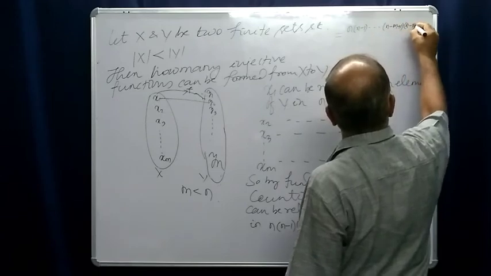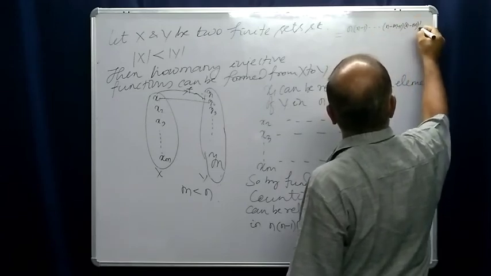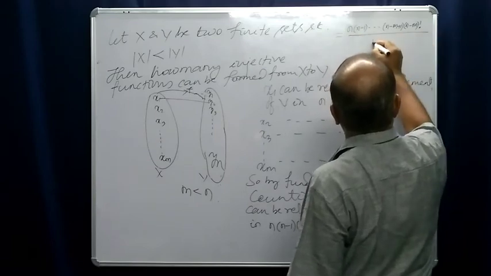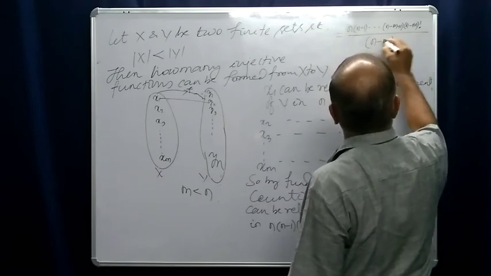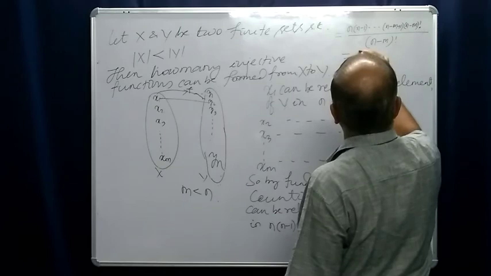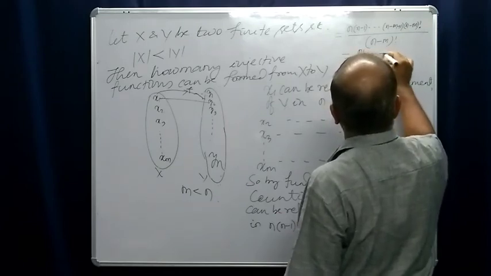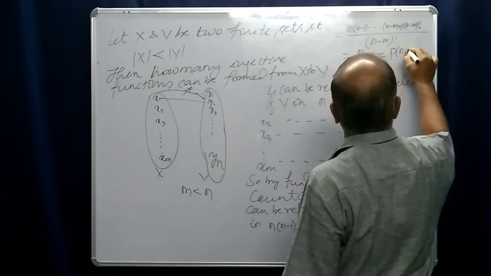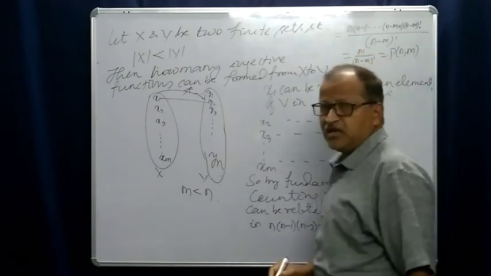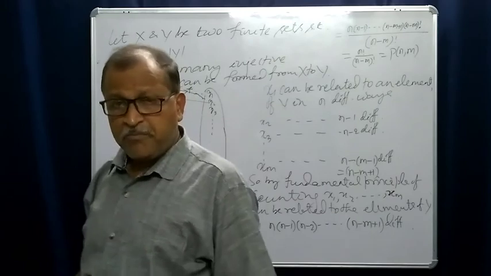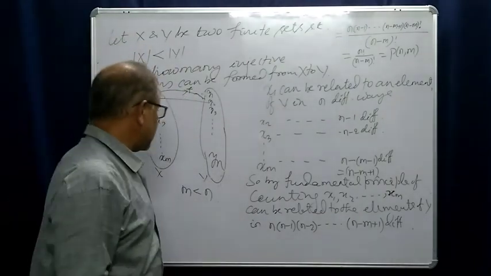Next, I will multiply and divide by n minus m factorial, denominator n minus m factorial. This is n factorial by n minus m factorial, which is equal to P(n, m). Permutation of n objects taking m at a time, right?